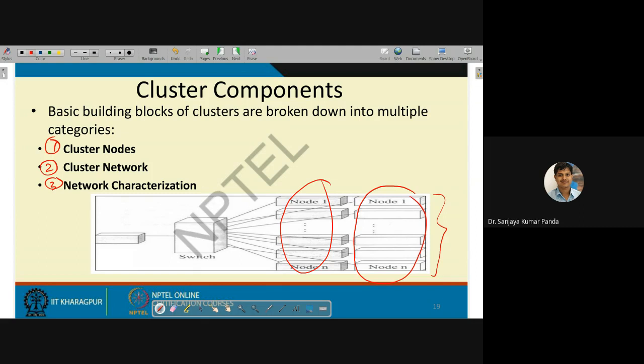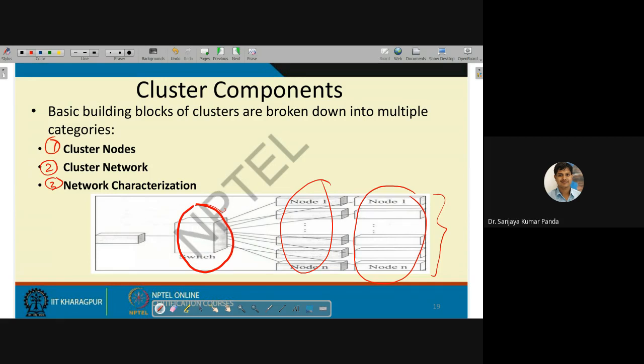Otherwise, how will we come to know whether a particular server, a particular cluster is overloaded or underloaded? So you need to know, right, what is the load of each and every individual cluster. So for that we have a switch, right? Although the switch is not an intelligent device to take care of this.